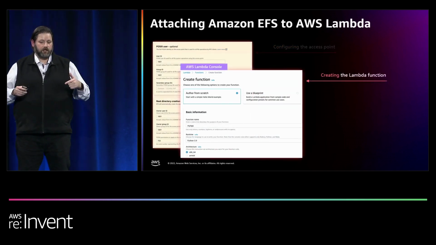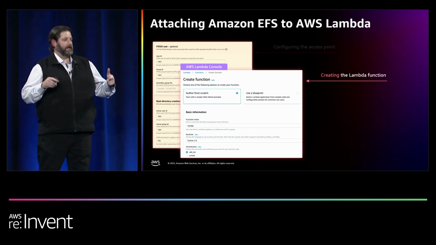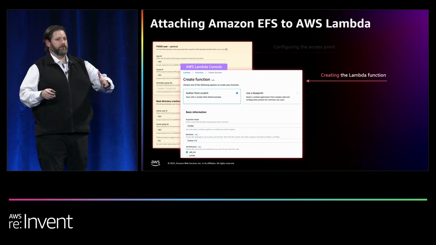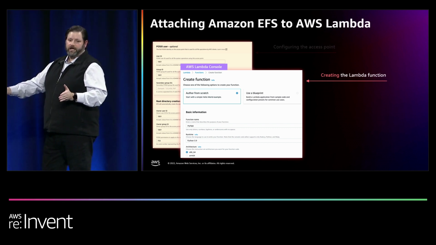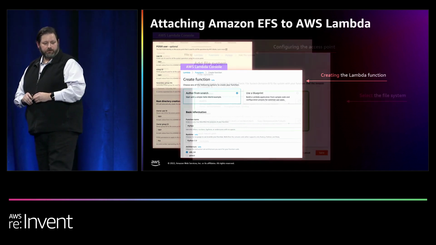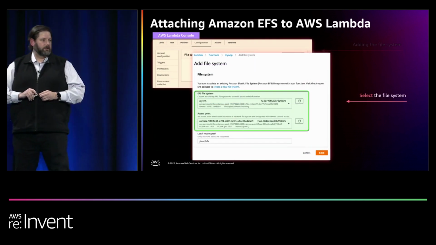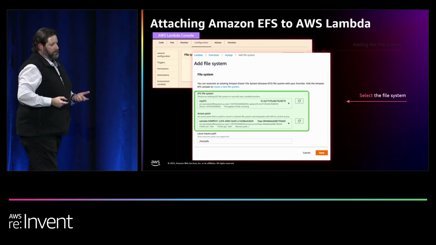We then use the Lambda console to create the function, and now we're at the same place we were with ECS. We have a file system, we have a security mechanism, we have the thing we want to attach it to, and straight through the console, we're going to take the two of them and put them together.